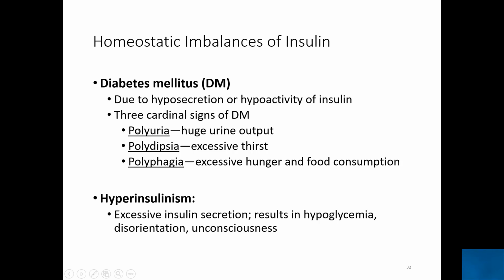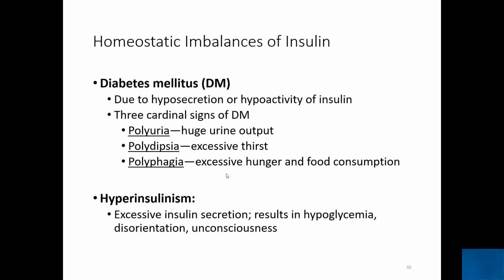Why does it happen? Because when there is sugar in the urine, that increases the amount of urine. Next, a lot of urine is produced, the body is dehydrated, and that causes polydipsia, excessive thirst. The person starts drinking a lot. And finally, polyphagia, excessive hunger and food consumption. Why? Because in the absence or lack of insulin, cells are starving. They cannot take glucose out of the blood.